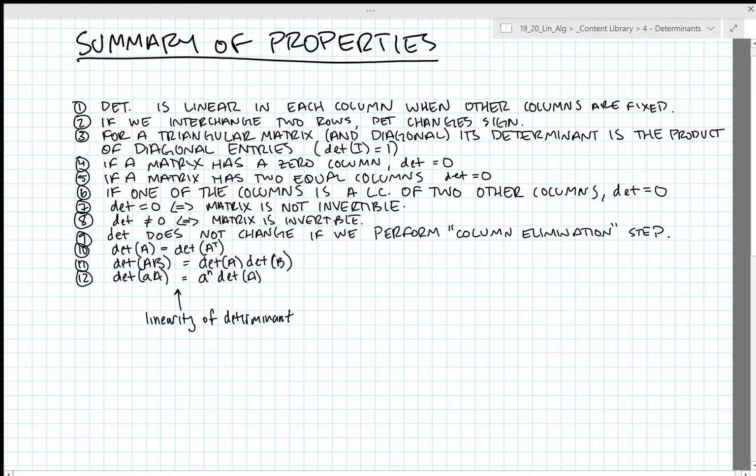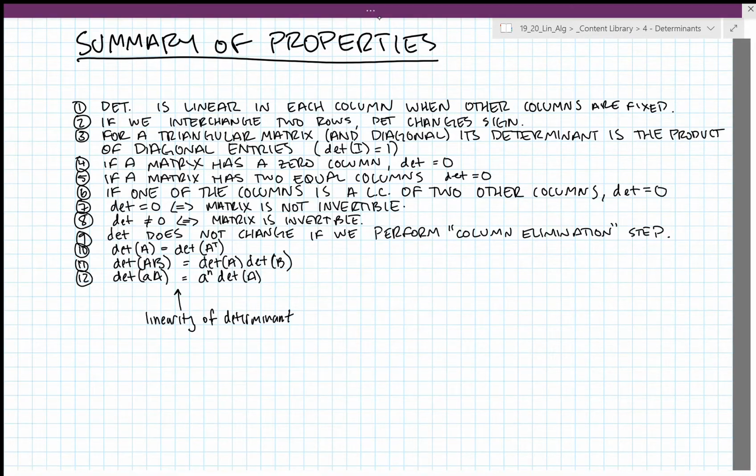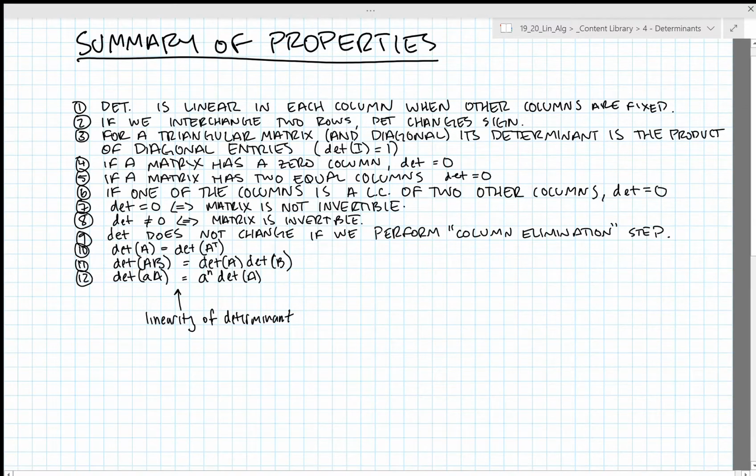Remember, what we're doing is multiplying every entry in the matrix A by the number a. I want to do one quick thing before we finish this video: number 10 has a really interesting series of ramifications.